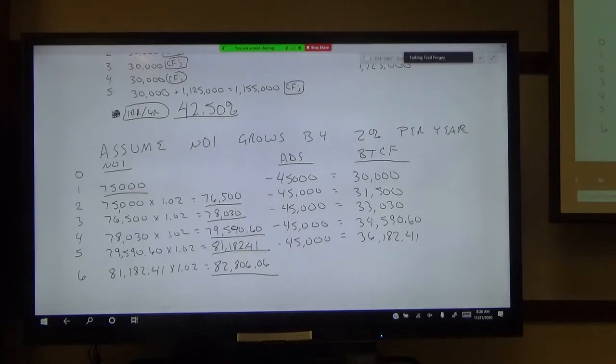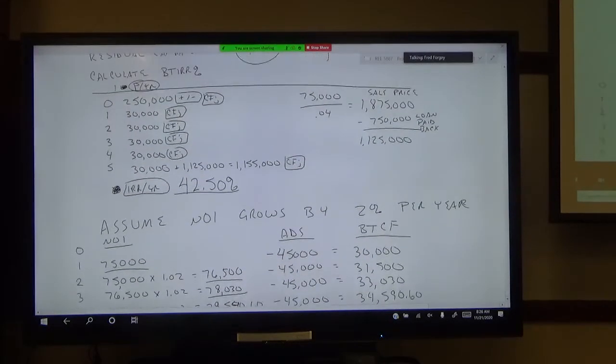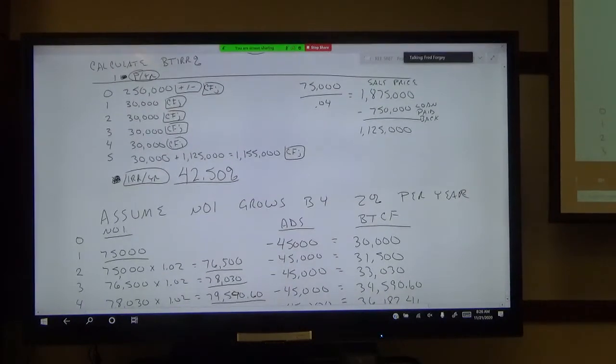All right. Now, if we go back up to the previous problem, our equity hasn't changed, so it's still 250,000. Yes? Okay.